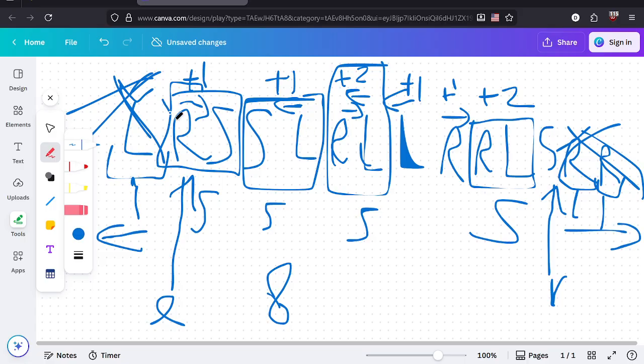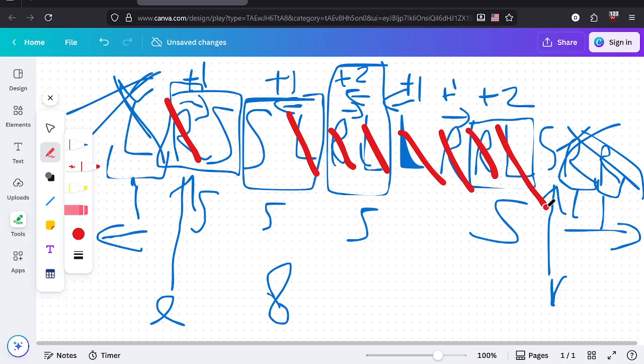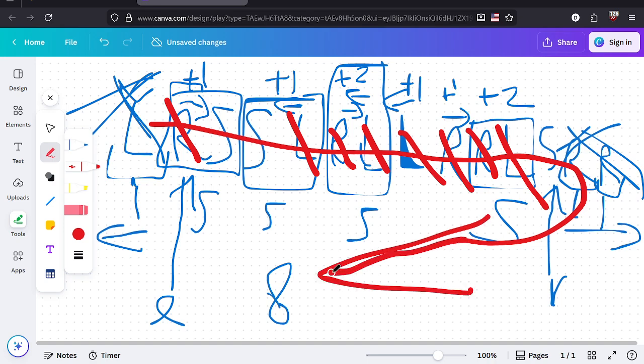It's that simple. That's one, two, three, four, five, six, seven, and eight. So that's a very simple way. It's just counting.